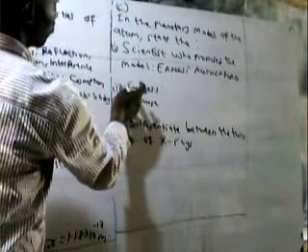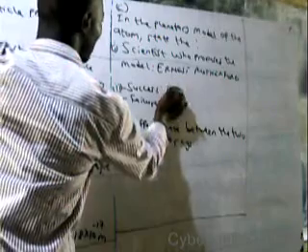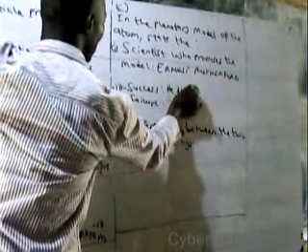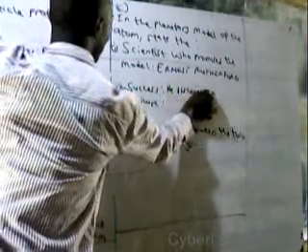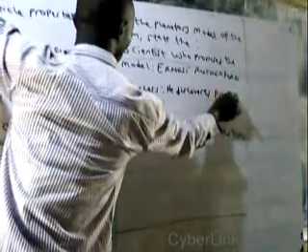And what is the success of the proposed model and the failure of the model? The success of the model is that Rutherford discovered positively charged particle in the nucleus of an atom called proton.